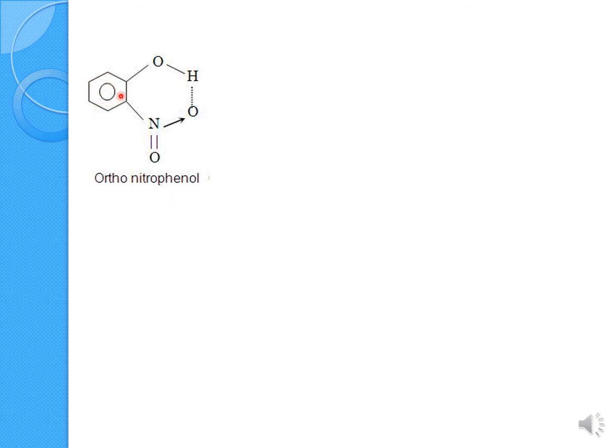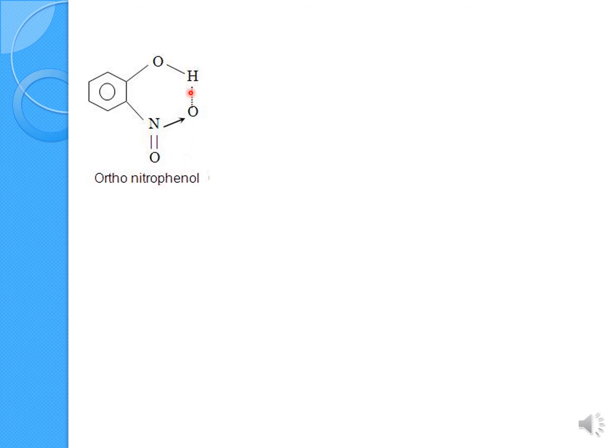This is C6H4 OH NO2. On this carbon it is OH, and on this carbon it is NO2 as a side chain. So this is orthonitrophenol. You can see in this case the hydrogen of the phenolic group, that is the OH group, is hydrogen bonded to the oxygen atom of the nitro group, the NO2 group.